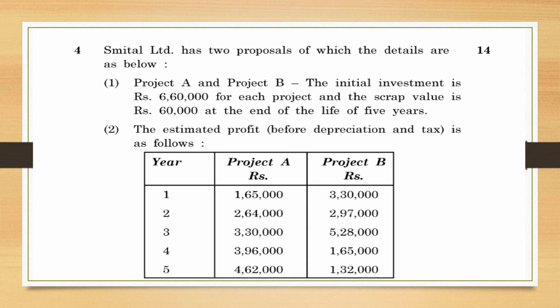Third year, Project A gives 3,30,000, whereas Project B gives 5,28,000. In the fourth year, Project A gives 3,96,000, whereas Project B gives 1,65,000. During the fifth year, Project A gives 4,62,000, whereas Project B gives 1,32,000.